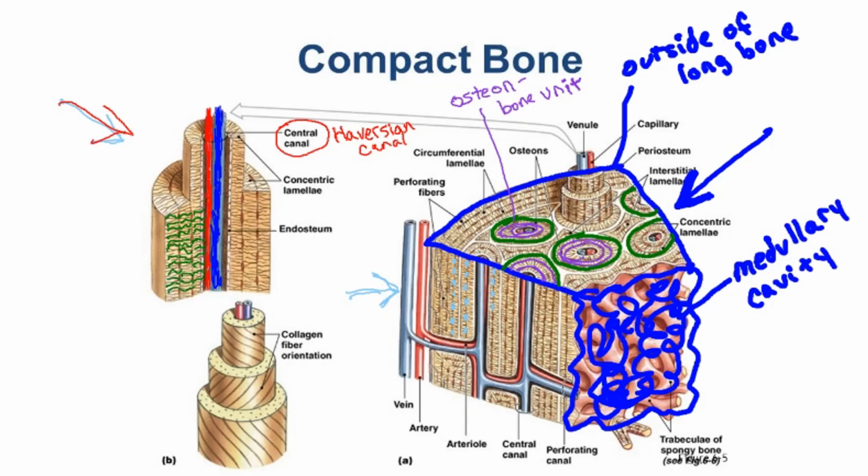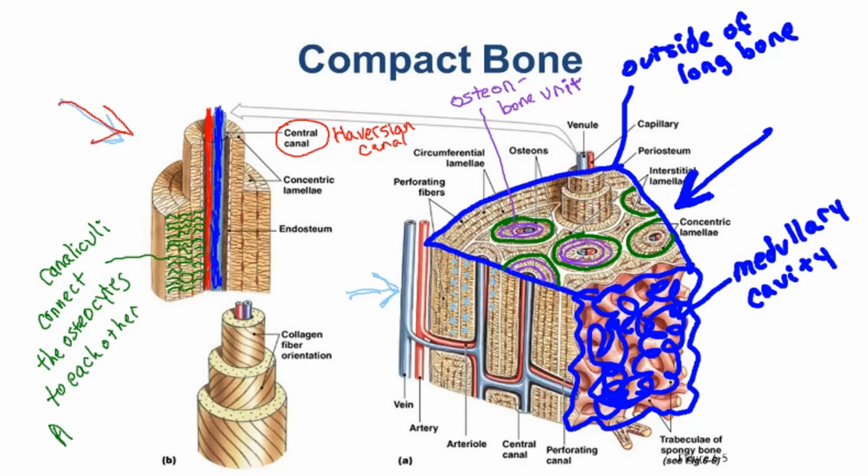And these little teeny tiny canals are called canaliculi. And they connect the bone cells, the osteocytes, to each other and to the central canal.